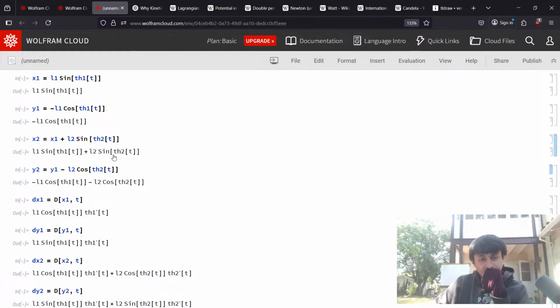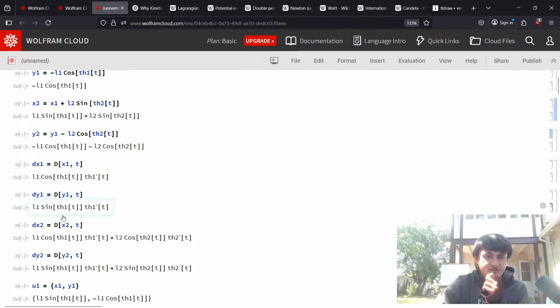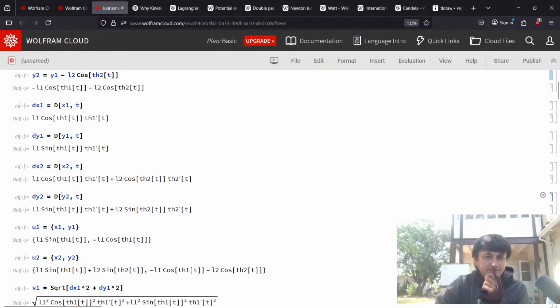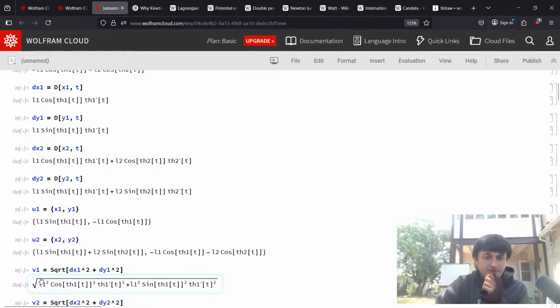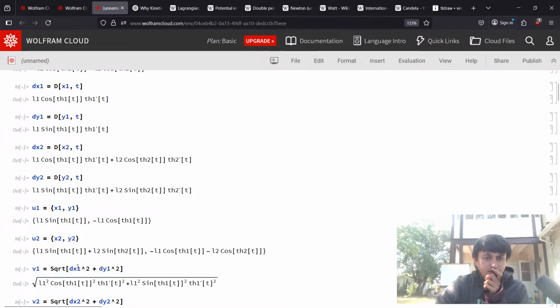So we want the velocity, which should be the square root of the sum of squares. v1 is equal to the square root of dx1 squared plus dy1 squared.